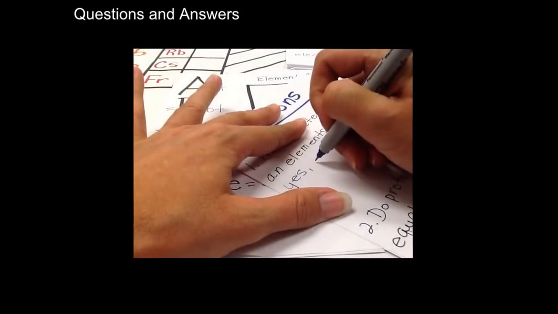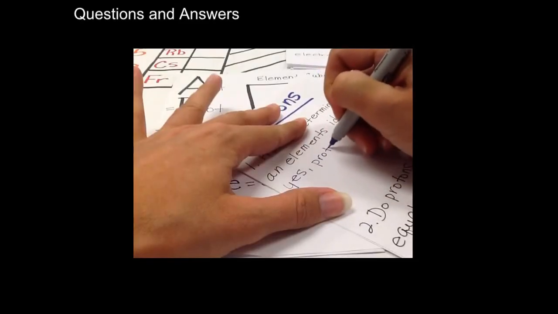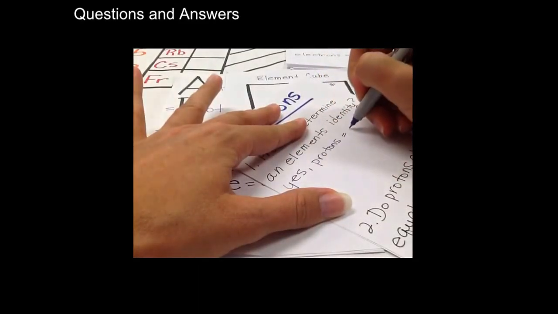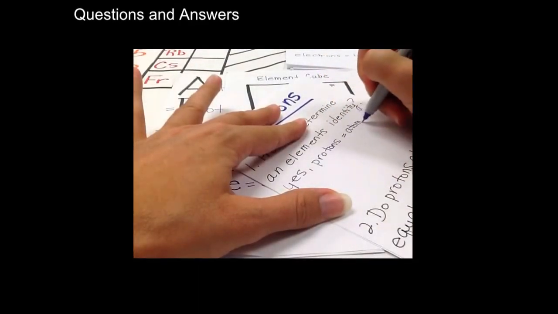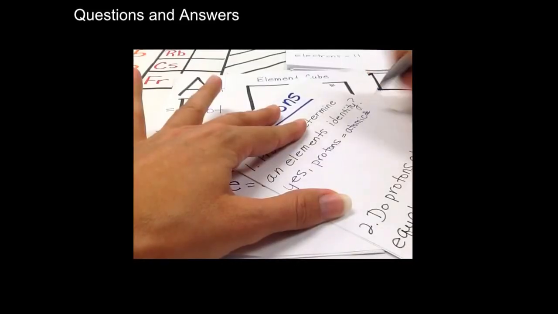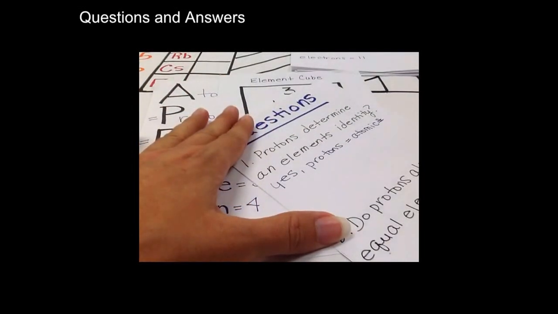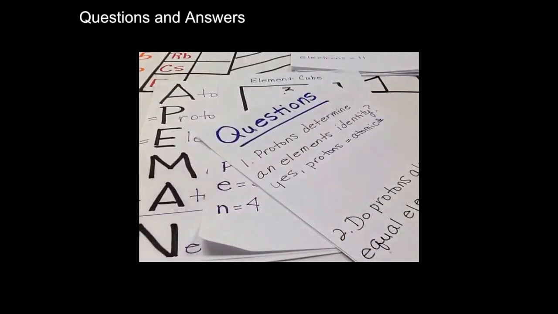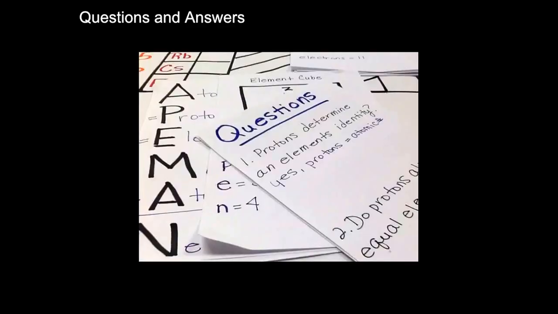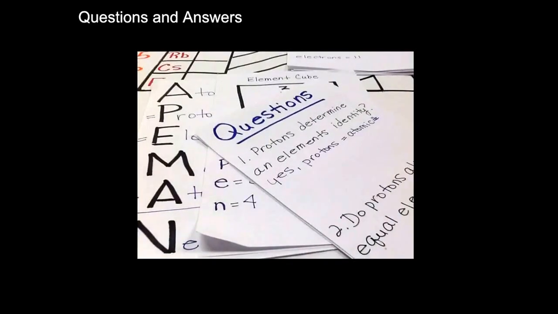So if I know that my protons equal my atomic number, then I should be able to find which element or atom I'm talking about according to the number of protons, which is the identity of that element.